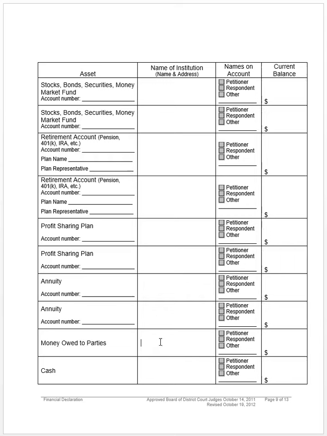So you could say, I am owed $5,000 from my Uncle Louis. Okay, you would say, I'm the one that's owed the money. That's what that means here. And then you could say the current balance. Well, let's say that Louis owes you $5,000 and Louis, despite his best efforts, has only paid you $50 so far. Cash, same thing. Cash on hand is what you have.